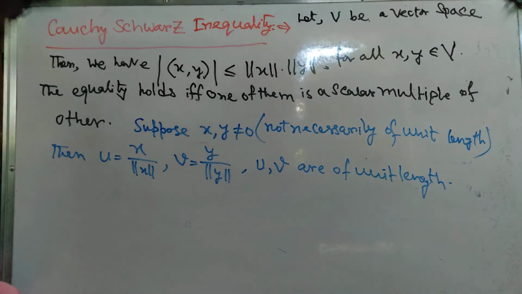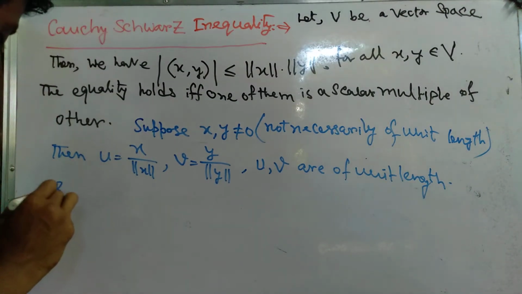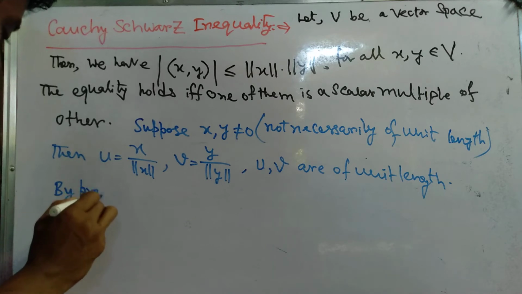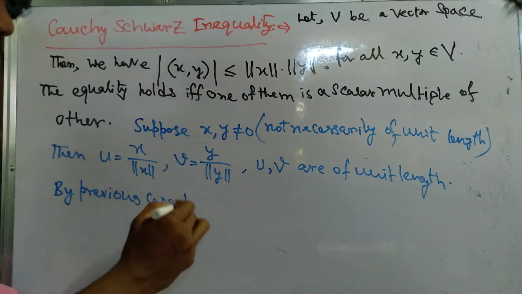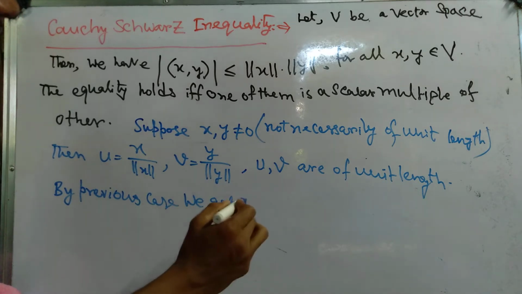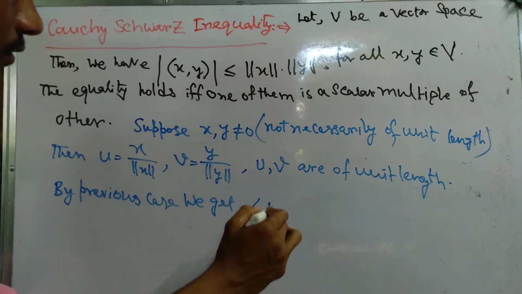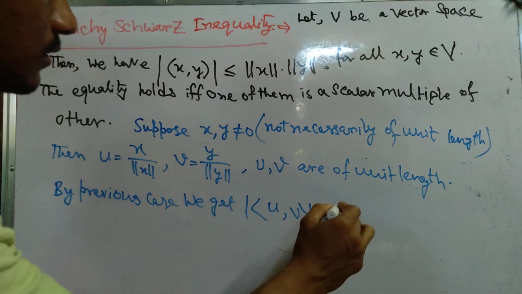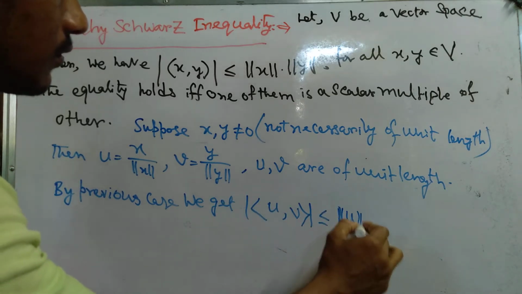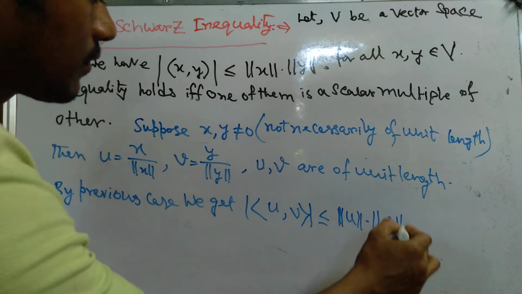By the previous case we get the modulus of the inner product of u and v is less than or equal to norm of u times norm of v.